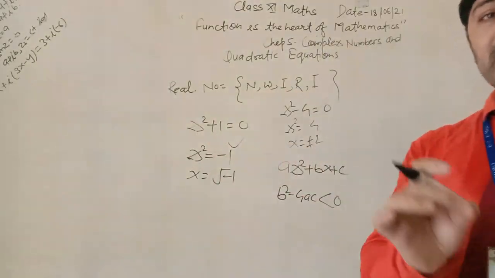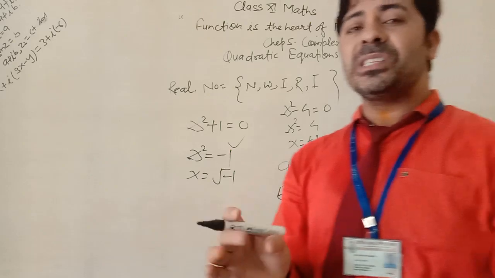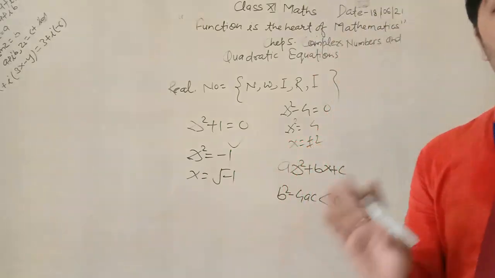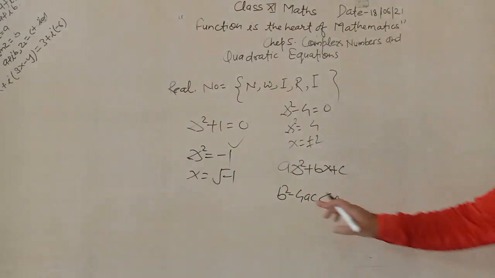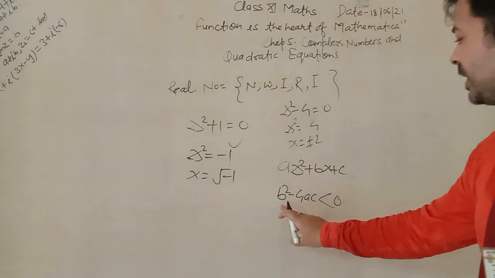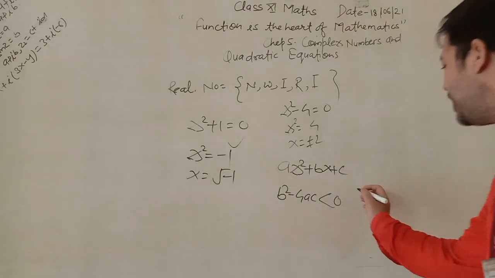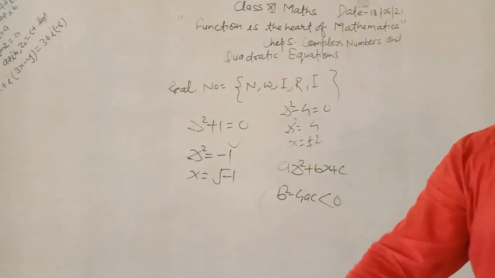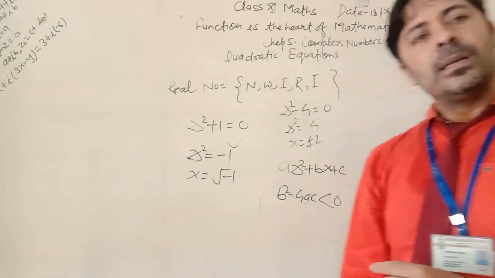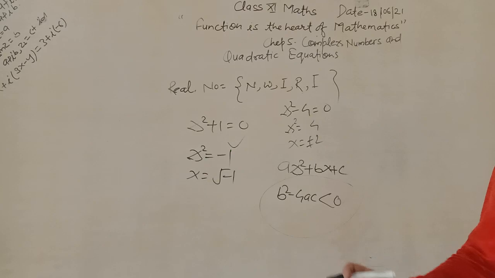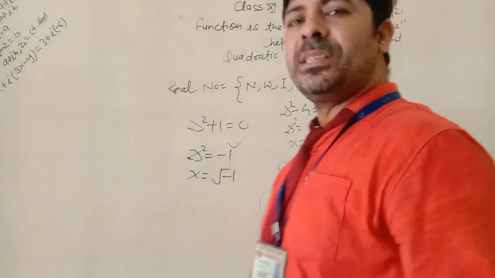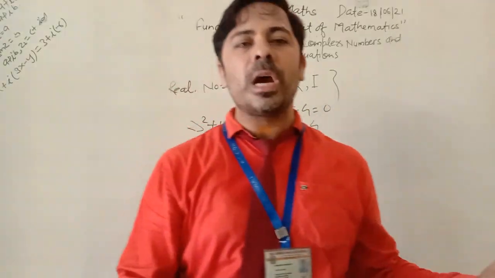But the question arises, if b square minus 4ac is less than 0, then what is the possible outcome? In class 10th, you studied that if b square minus 4ac is less than 0, then there is no solution.